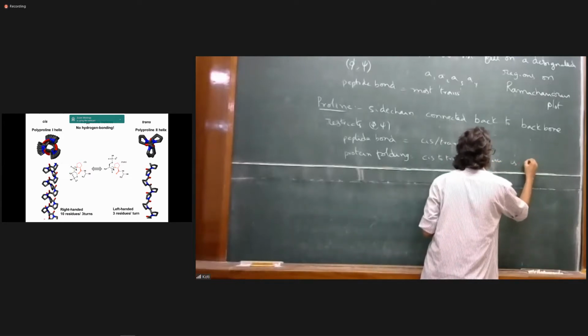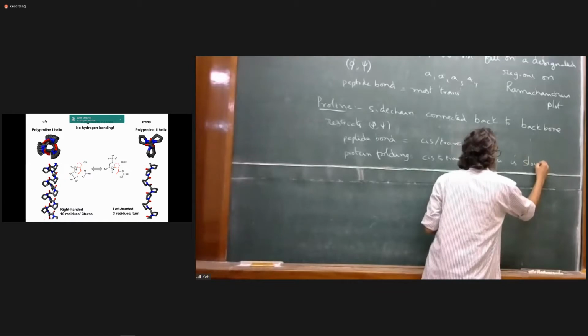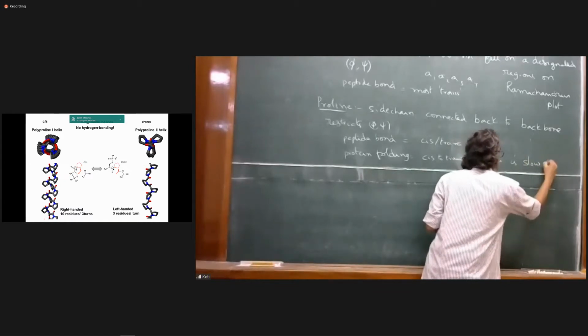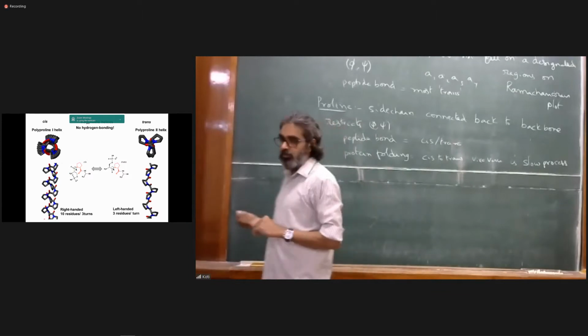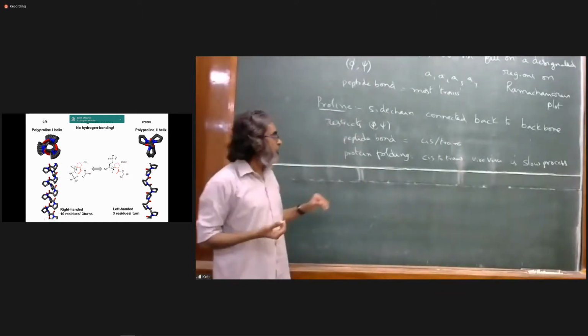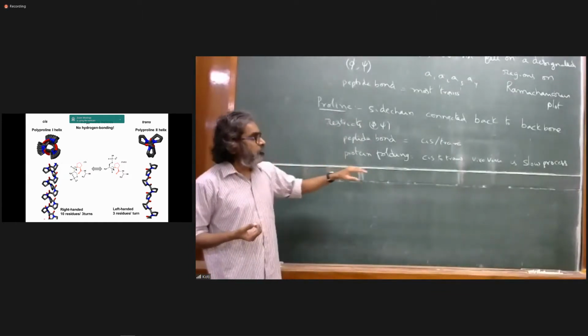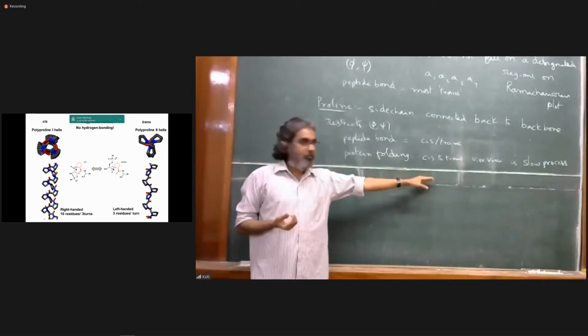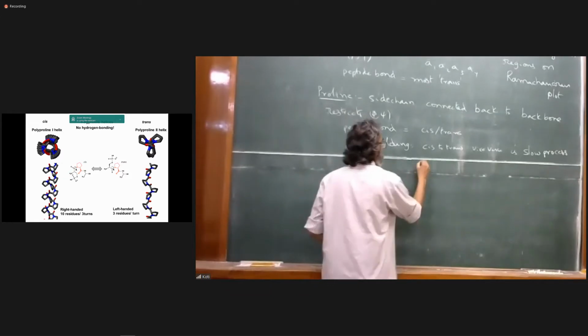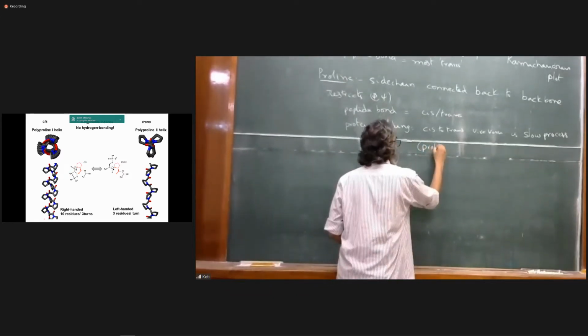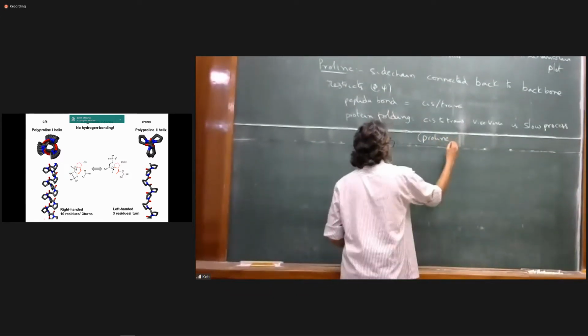So this is a big concern for protein folding people. If an unfolded peptide chain needs to fold, then typically the rate limiting step is proline isomerization, or cis trans isomerization.